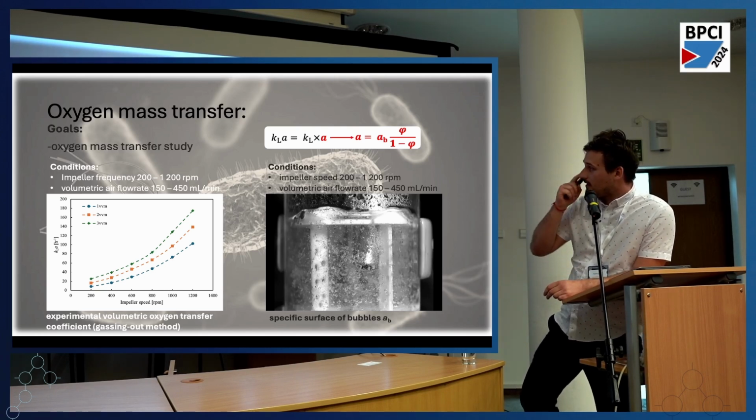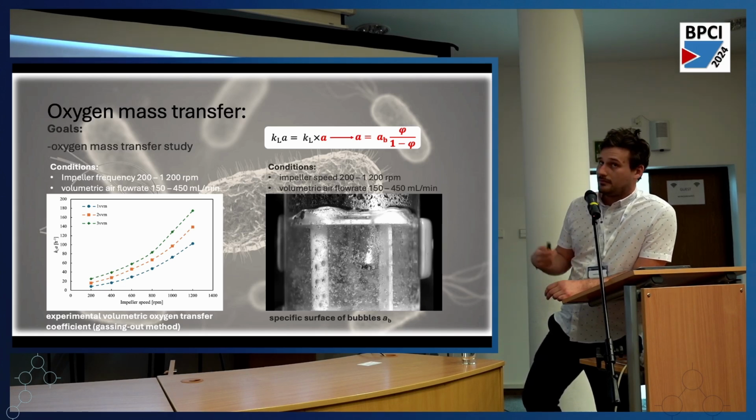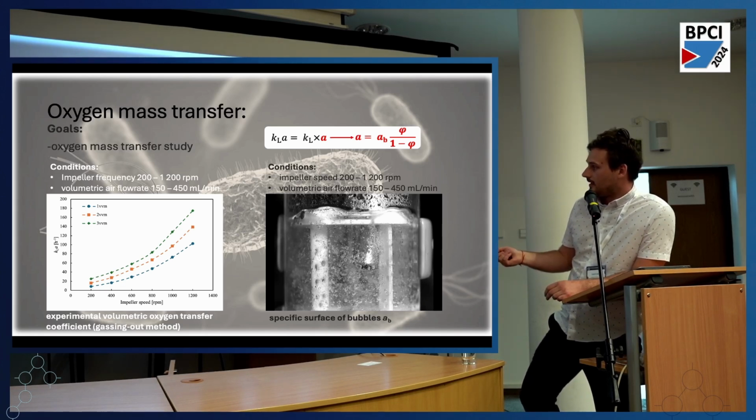But we found a simple method using high-speed camera footage to analyze each capture via an image analyzer, and the dimensions of these bubbles, as you can see, were measured and evaluated, and the specific surface area was calculated from a sample of 30 bubbles.